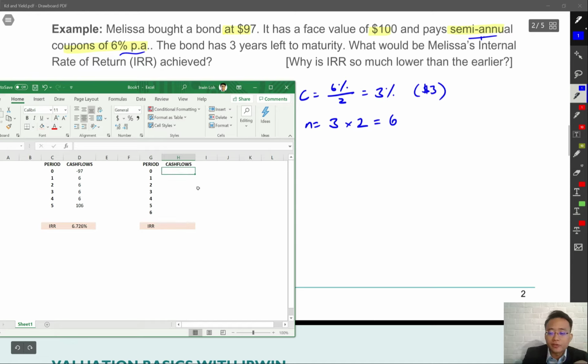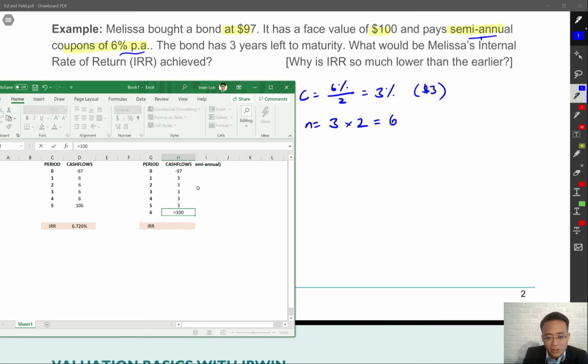We start off by saying how much we have to pay for the bond. I have to invest $97 to buy the bond, and in return, every period. Now, what is my period again? Remember, my period is semi-annual. So every period I get $3, $3, $3, $3, $3, and right at the end of the bond, $100 face value plus $3 coupon.